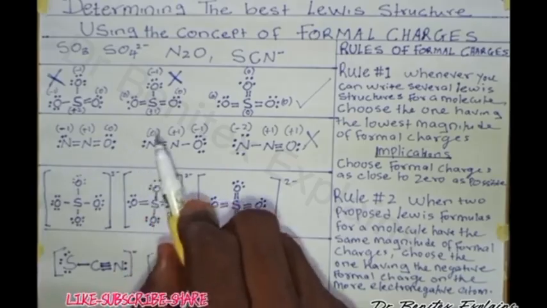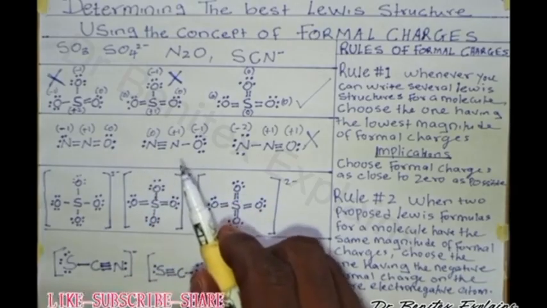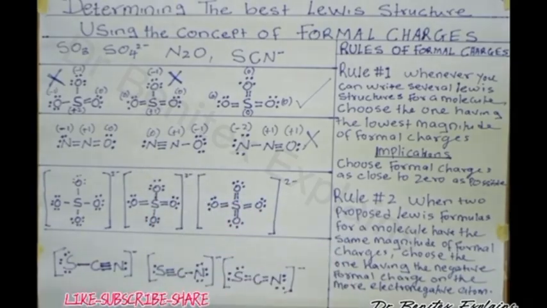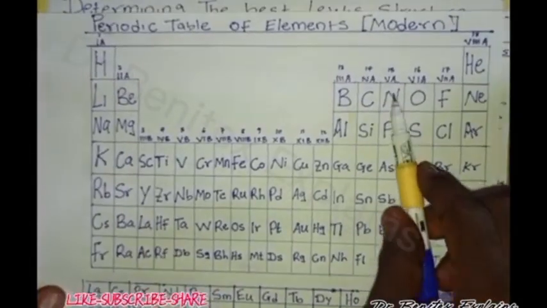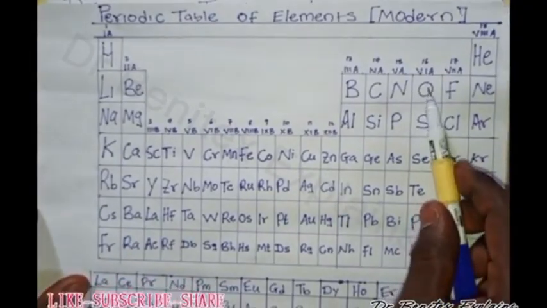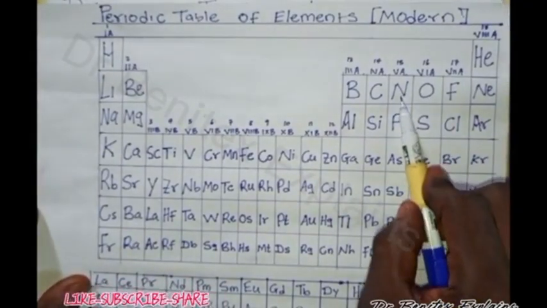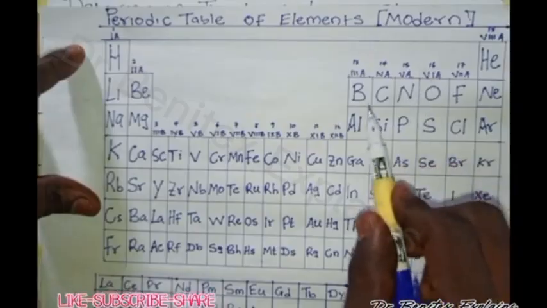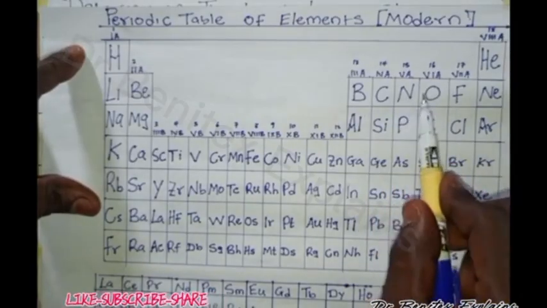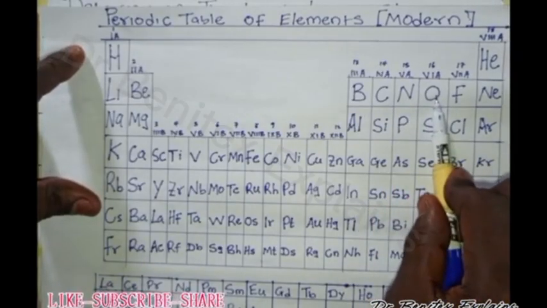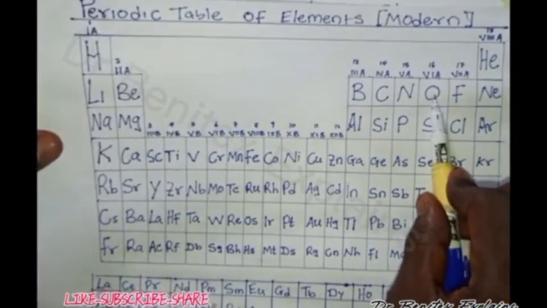Between nitrogen and oxygen, which one is more electronegative? If you go to the periodic table, you will notice that oxygen is more electronegative compared to nitrogen. Which of the Lewis structures has a negative formal charge on oxygen? Because oxygen is the more electronegative atom here.